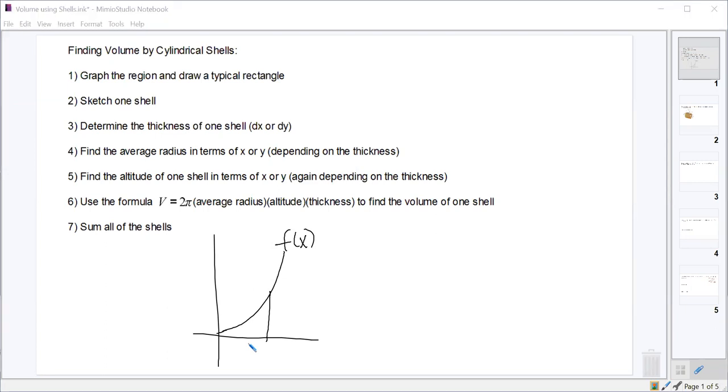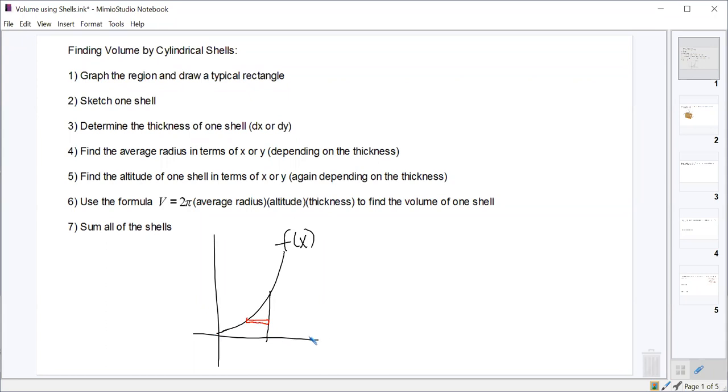And so what we do is draw what we call a typical rectangle, which there's our typical rectangle right there. We're going to take this and make it parallel. So the length of it here is parallel to the axis that we're revolving around.